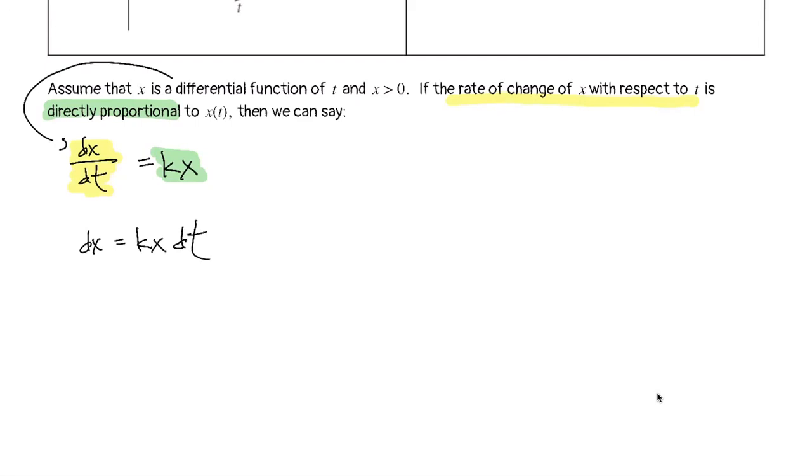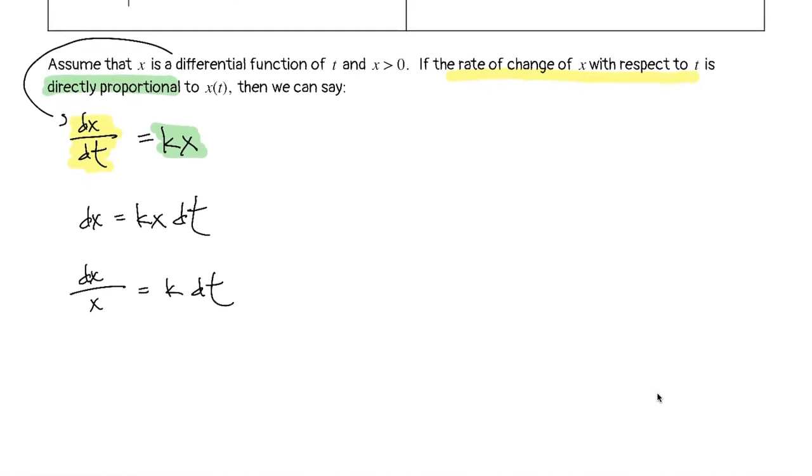All right, so we'll start off with that very similar idea where we multiply that dt to the other side. Good. And then we're going to take that x and divide it to the left-hand side. So we get dx over x equals k dt. From here, once it's separated, now we can integrate.